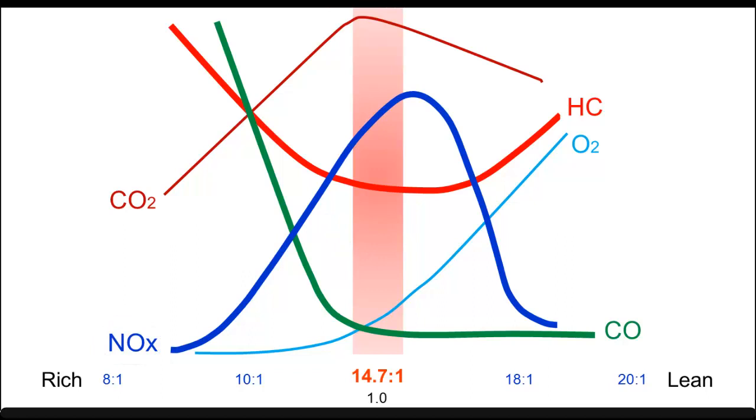Carbon dioxide off-peak or down to 7.9%. Oxygen down at 1.71%. Lambda at 0.83 represents richness.